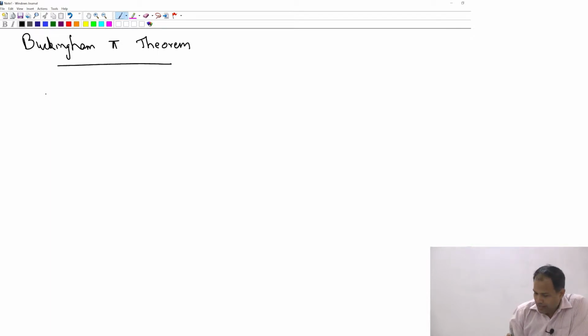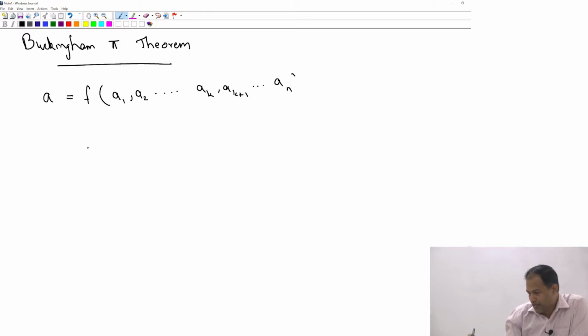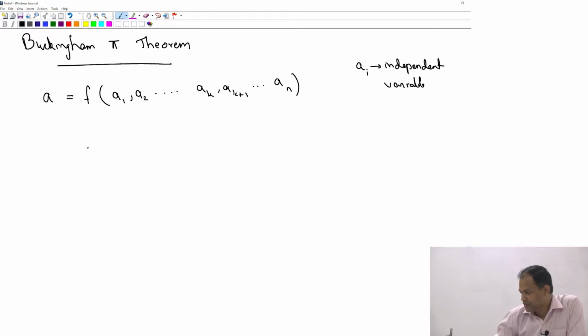Let's say that A is a function of A1, A2, etc. ak plus 1, etc. an, where the a_i are all the independent variables in the system, and a is the dependent variable.